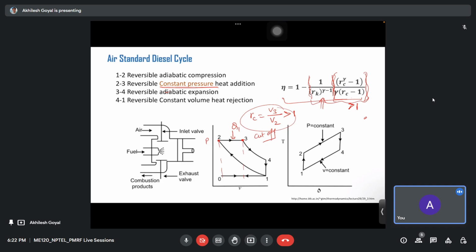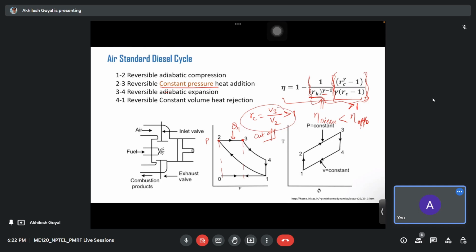That means the efficiency eta of the diesel cycle will always be less than the efficiency of the Otto cycle, for the same compression ratio and value of gamma. So this is the main difference between the Otto cycle and diesel cycle.